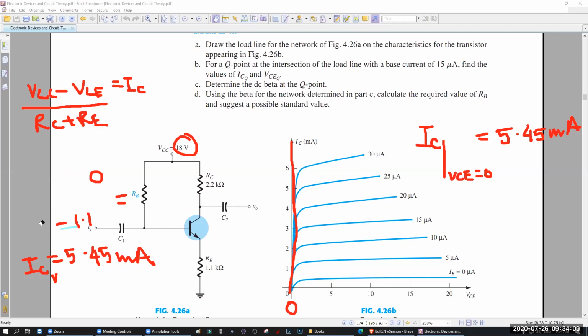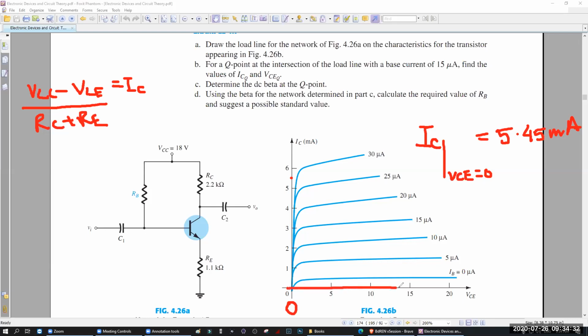So I'm going to delete them. So where will be our point now? 5.45 in this line, maybe here, right? That means at the middle. Okay. Now we have to find a point here, right? VCE.